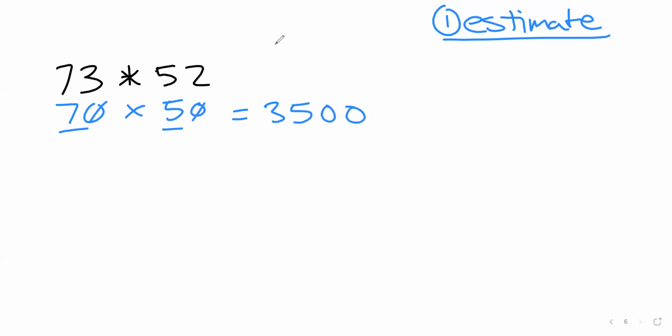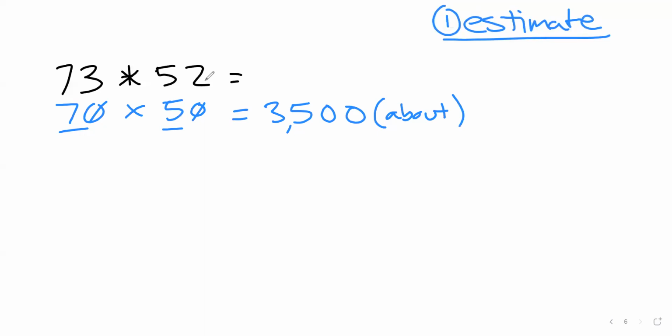There's my estimation. My answer should be about 3,500. I heard in class today, which was yesterday as you're watching this video, someone say, oh my gosh, estimation is so helpful. Yes, it is. It is one of the greatest tools you can have in math.